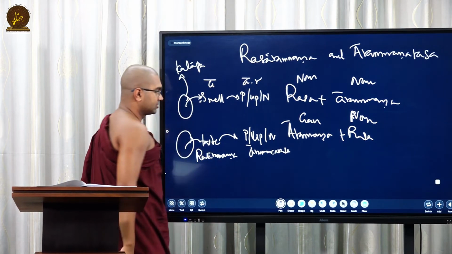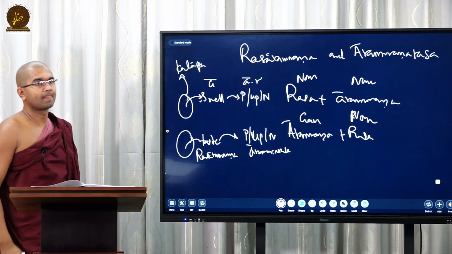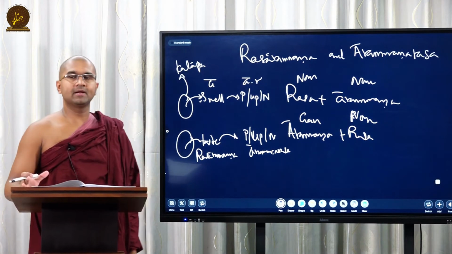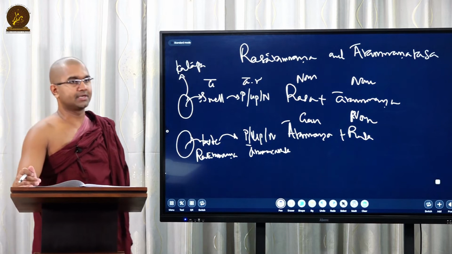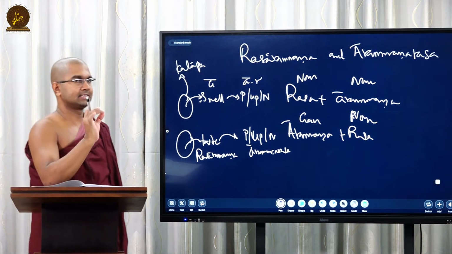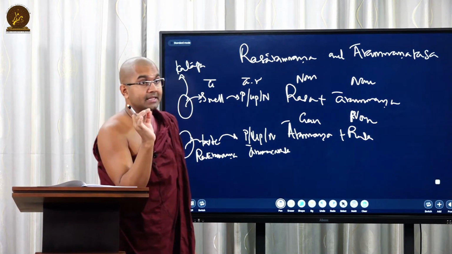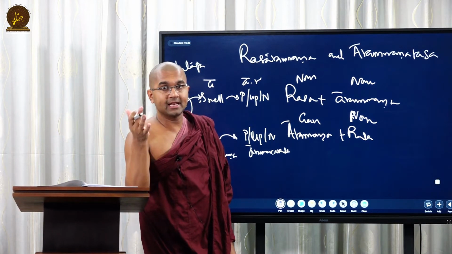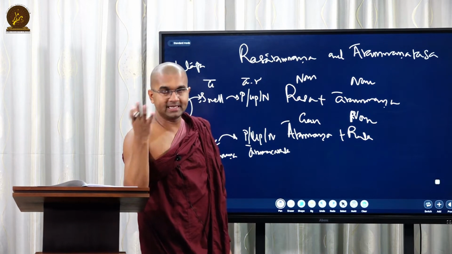So these two terms should not be confused. Arammanarasa is a quality within any object. Rasarammana is specifically the taste which is found only in the material kalapas. Arammanarasa can be found in other objects as well, in mentalities even.